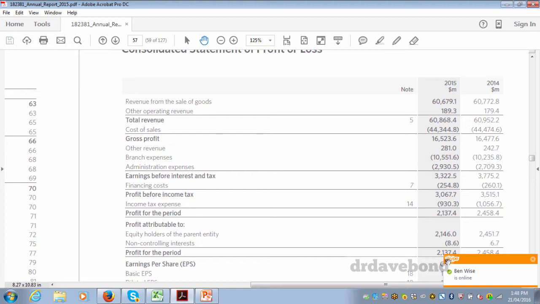Why is that, do you think? There is something which is affecting profit way more than it affects cash flows, and it's a non-cash item.